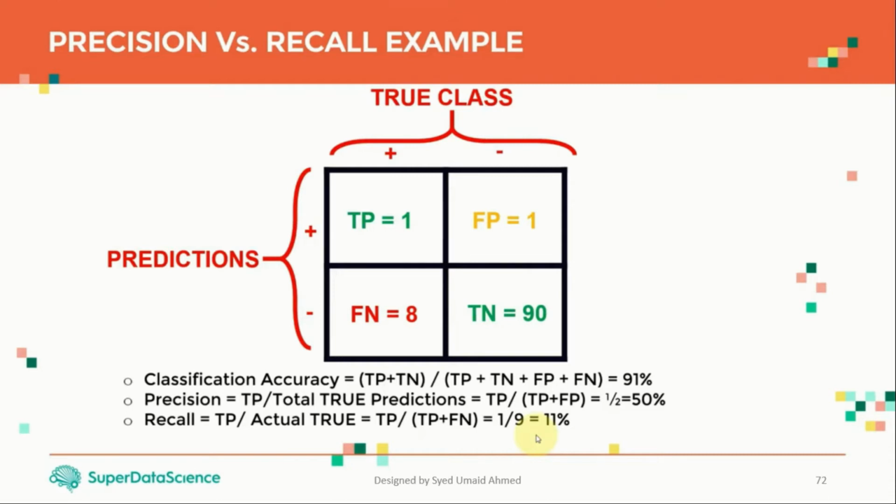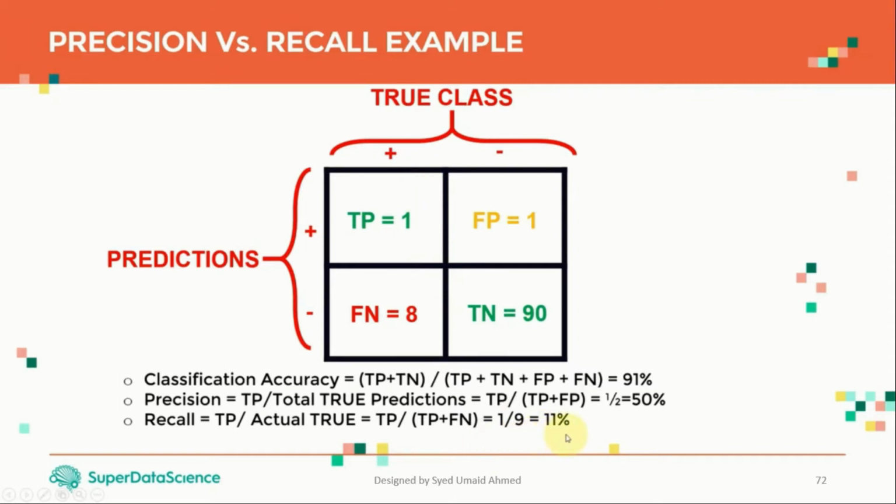As you can see here, recall tries to measure how many of the 9 cancer patients I have been able to correctly classify. Here I have been able to correctly classify only 1 sample out of 9.